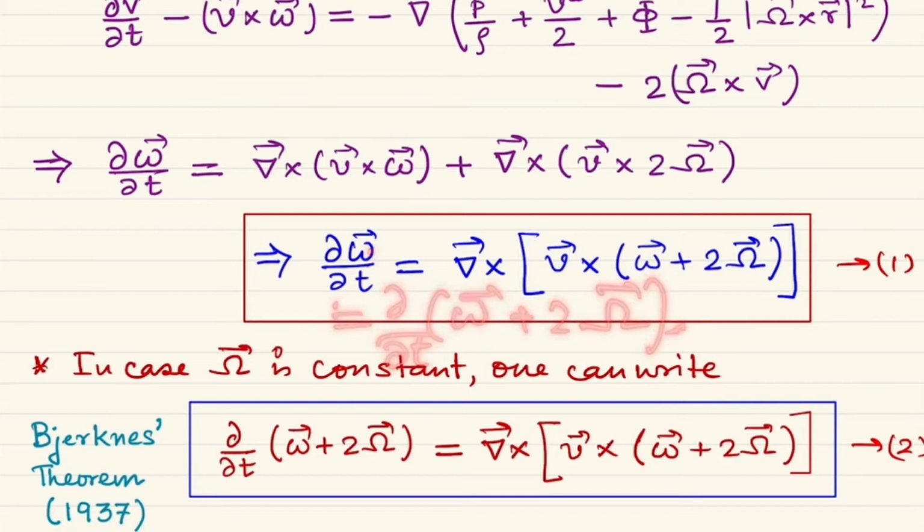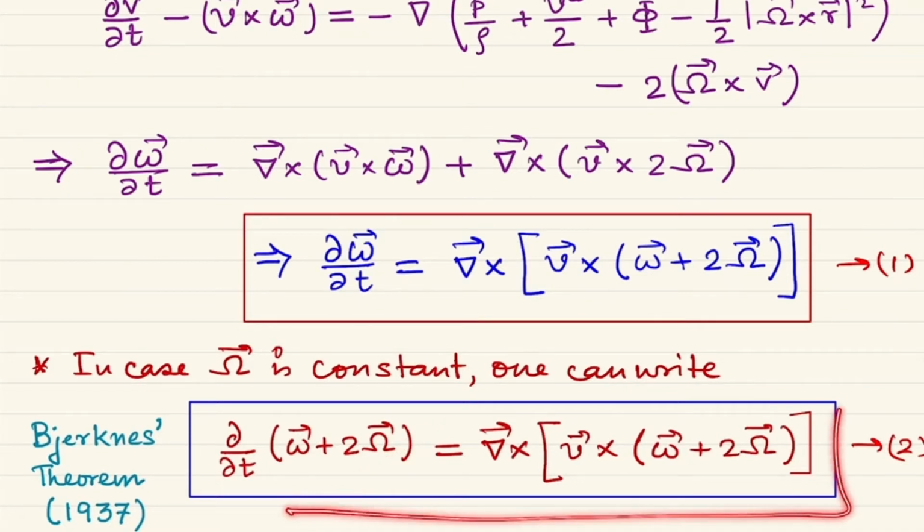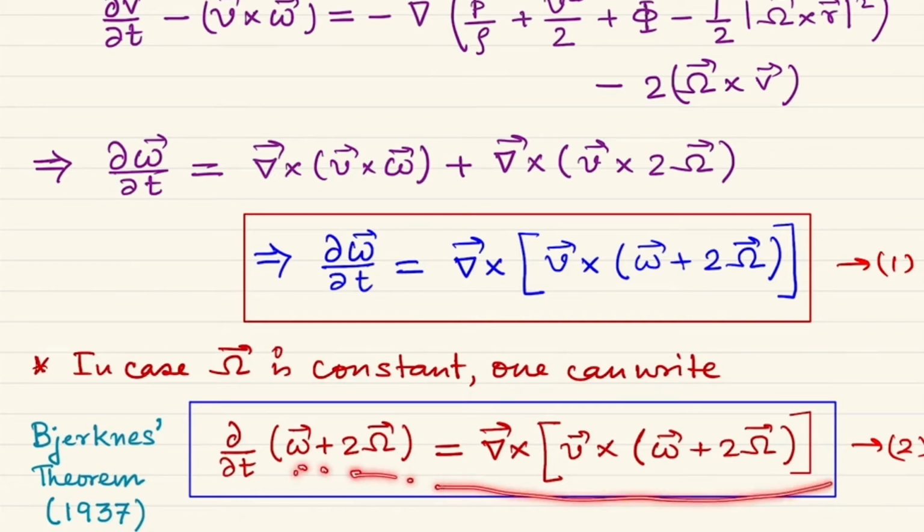So del capital omega del T is 0, so I can add some 0 over here without any problem. The final equation looks very elegant, and it is now saying that it is not omega but omega plus 2 capital omega, which practically satisfies the equation necessary for the Frozen-in theorem.